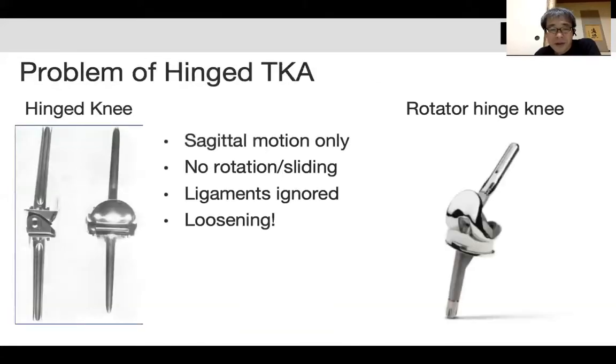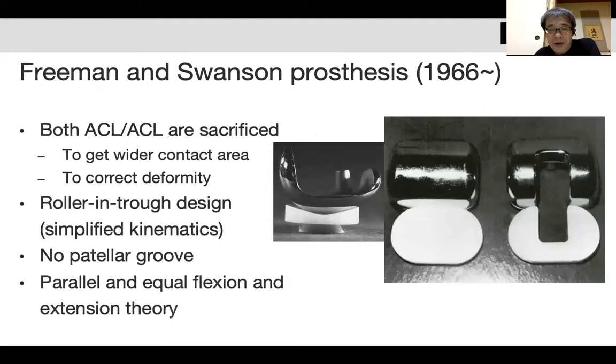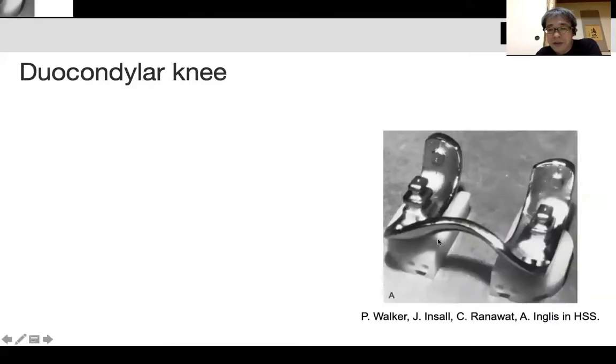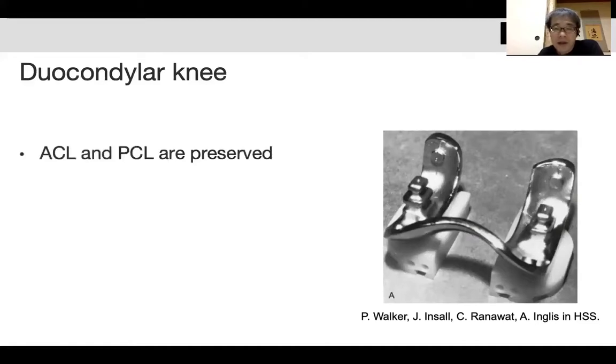The next version connected the medial side and the lateral side with a bar, and the tibial tray is not groove shaped but flat. So it is a low constraint type. In this prosthesis, ACL and PCL are preserved, truly just like a bicondylar UKA.